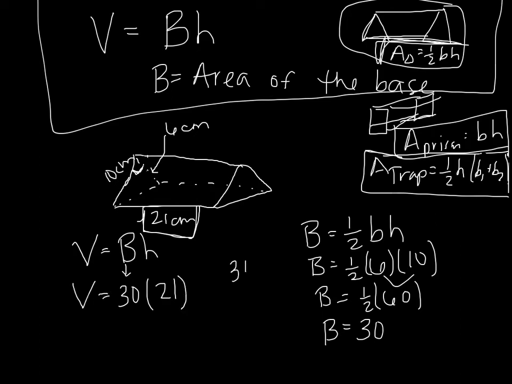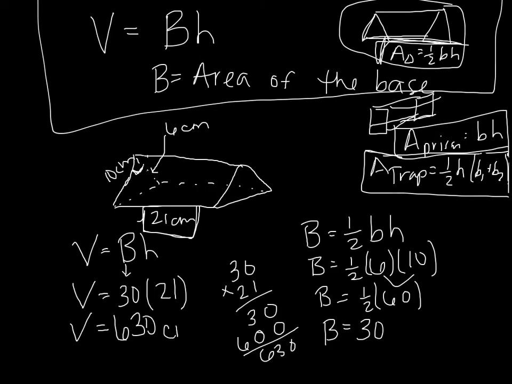Now that I know what the area of our base is, I can fill it in here. Instead of a B, I can put a 30 times the height, which is going to be this number right here, 21. That's going to give us our volume. So now all we have to do is find what is 30 times 21. 0, 3, add my 0, bring down my 0, 2 times 3 is 6, 630. So the volume equals 630 centimeters, watch carefully, cubed. Because whenever we have the area of our base, this would be centimeters squared, and if we add in our height here, we'd be adding another centimeters.